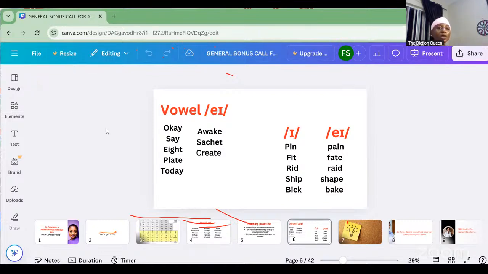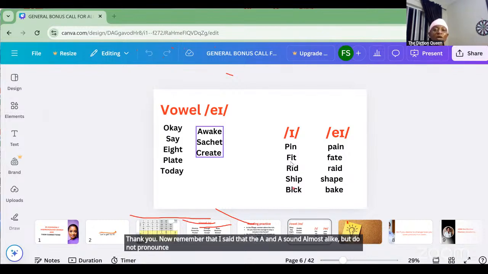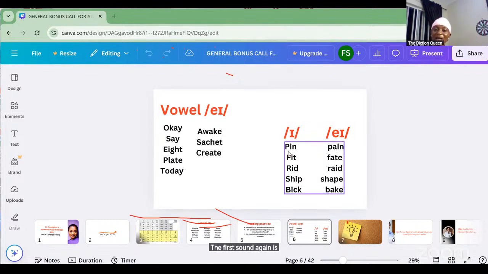Thank you. Now remember that I said that the two sounds are almost alike, but do not pronounce them that way. So let's look at some words that sound like you're saying the same thing. The first sound again is short I. I said that letter I makes that sound most times, as in pen. This is not pin, it's pen.